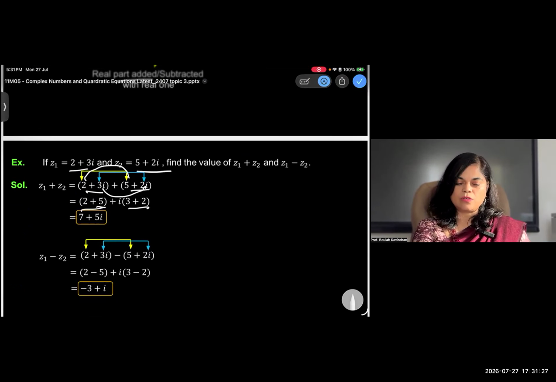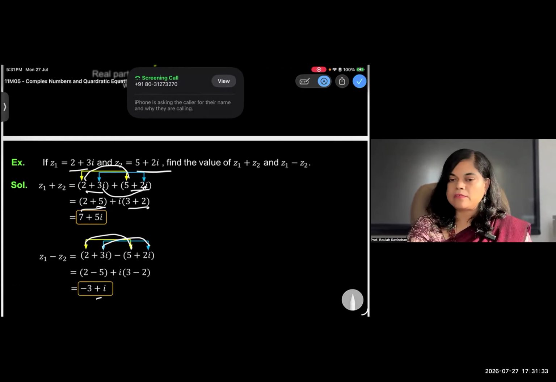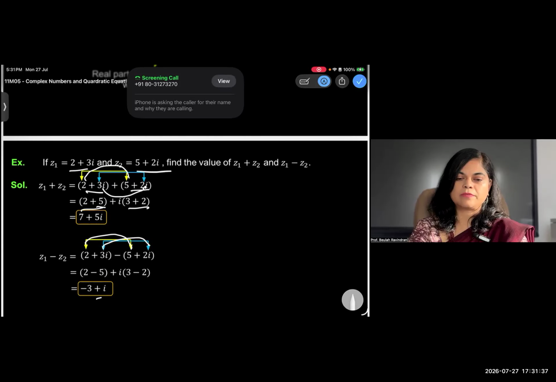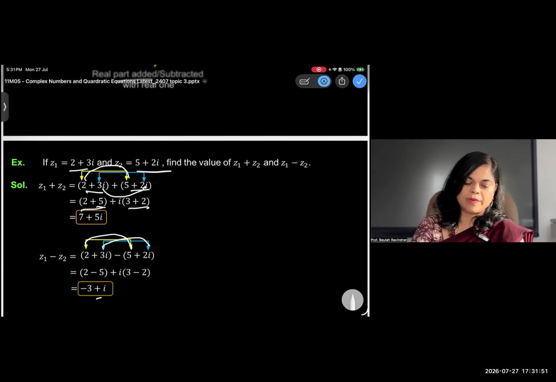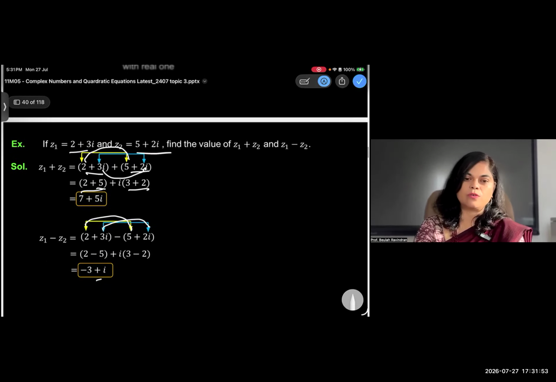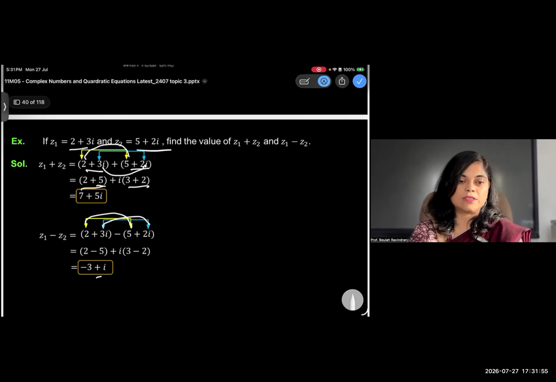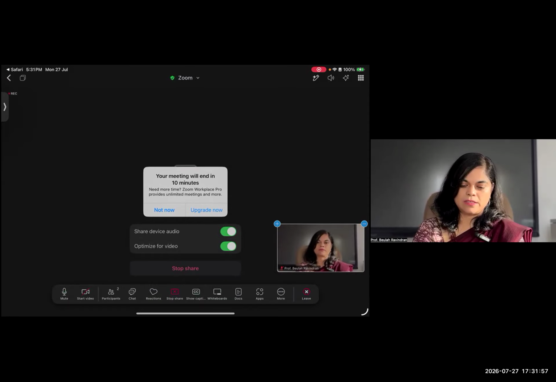Subtraction is also real part to real part, imaginary part to imaginary part.